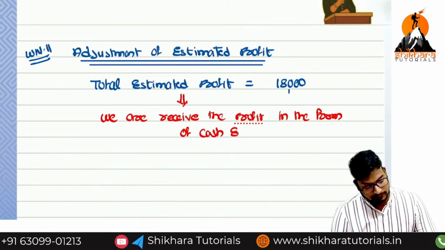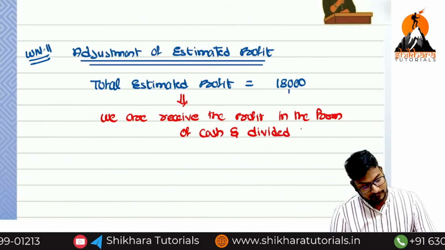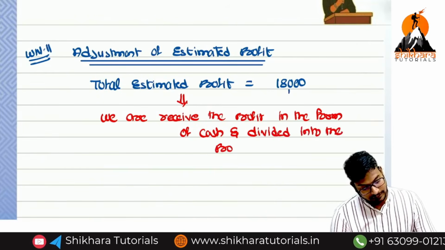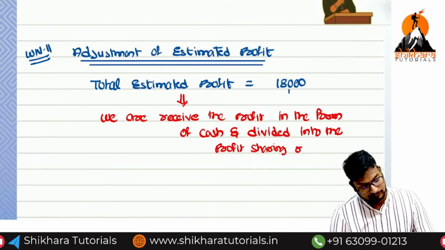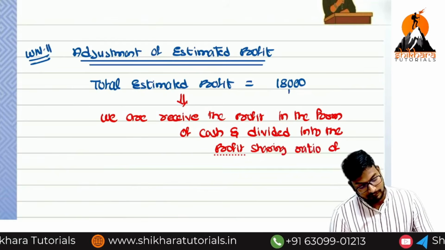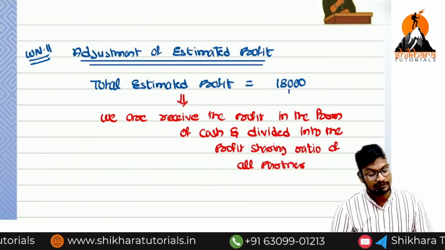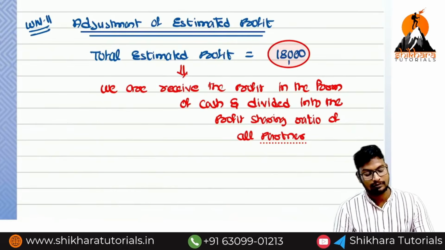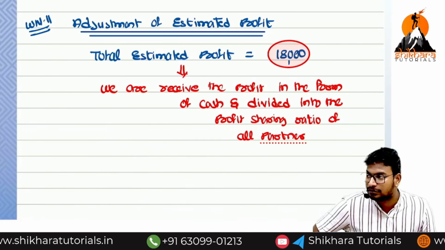And it is divided in the profit sharing ratio of all partners. This is the profit we are going to receive in future. This profit belongs to all the partners.